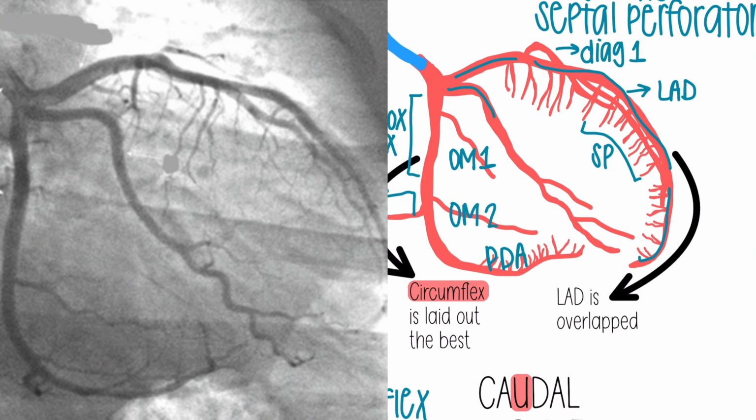And then this thing in the middle is a possible ramus. It's hard to tell a ramus in the RAO caudal view. You really need LAO caudal. So if we decided this in fact is not a ramus intermedius and it is an OM, then you'd rename these. This would be OM1, OM2, OM3.